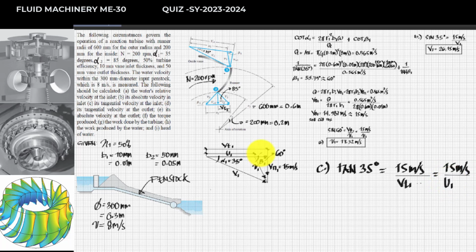From here I'm going to write the unknown and name this side x. So the tangential velocity is the sum of the peripheral velocity of the runner, u sub 1, plus the value of x.